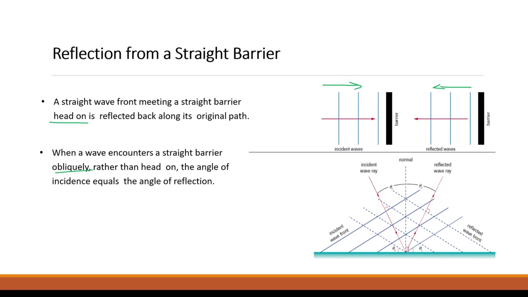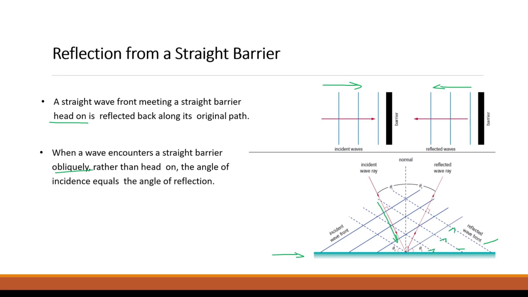So to read this, remember our wave ray is showing the direction of the waves. So this is for the incident wavefront. So these are multiple crests, troughs, multiple waves, and they're headed this way. And then this is our barrier, and it hits it kind of on this angle. And then it comes back with these dotted lines that are going in that direction.